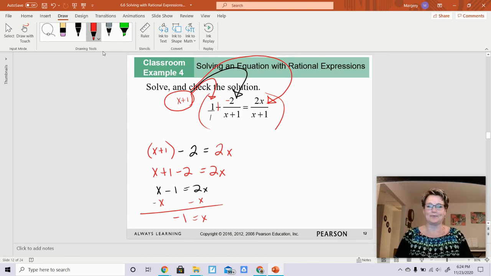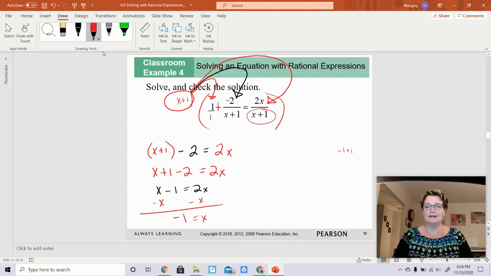Now, there's something tricky here. You must check your answers. You know why? If x actually was equal to negative 1, look what happens here. If x was negative 1, that would give you 0 in the denominator.